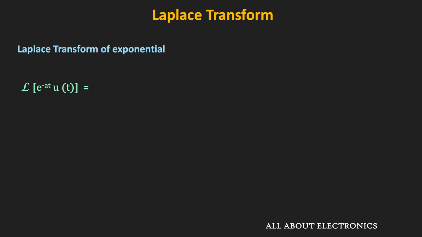So now we will see the Laplace transform of this function e to the power minus at. And here this u of t along with this exponential indicates that this function exists only for t greater than or equal to 0. So the Laplace transform of this function can be given as integration 0 minus to infinity e to the power minus st times e to the power minus at times dt.